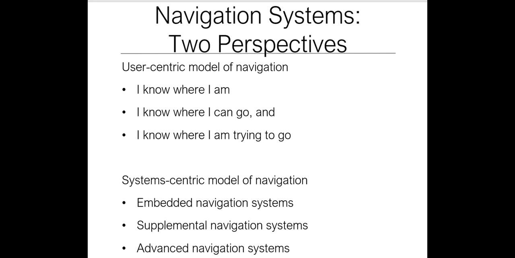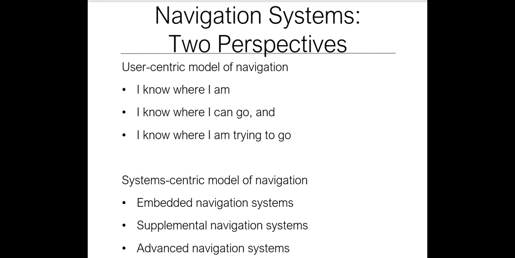So in terms of the navigations, there are two. Think of this in two different ways. One is the user-centric model of navigation, which says, I know where I am, I know where I need to go, and I know where I'm trying to go. And then the system-centric model of navigation, where you have embedded navigation systems, supplemental navigation systems, and advanced navigation systems.